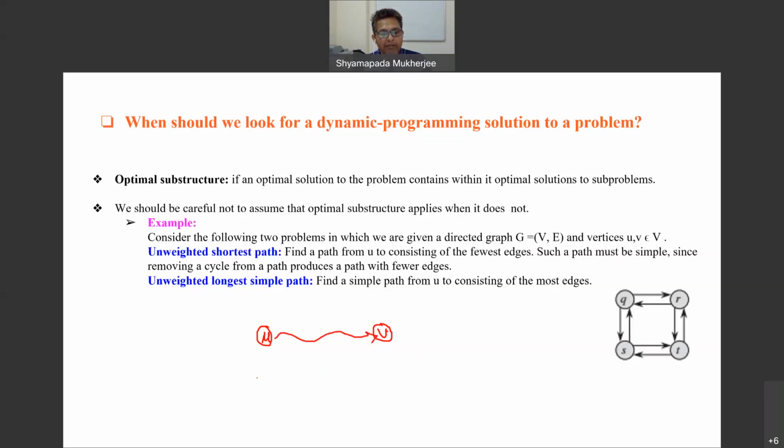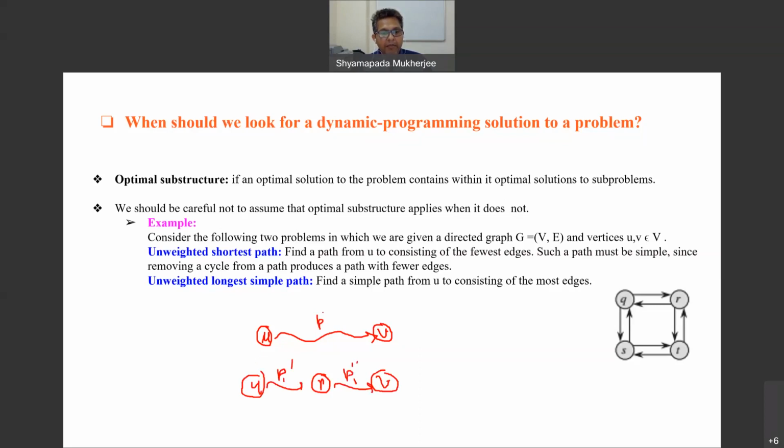Suppose we have one vertex R in between these two vertices. So we can say that from u to R there is a path P1 dash, and from R to v there is a path, that is P1 double dash.